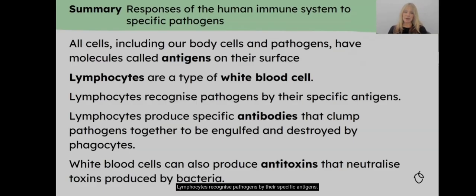Lymphocytes recognize pathogens by their specific antigens. Lymphocytes produce specific antibodies that clump pathogens together to be engulfed and destroyed by phagocytes. White blood cells can also produce antitoxins that neutralize toxins produced by bacteria.